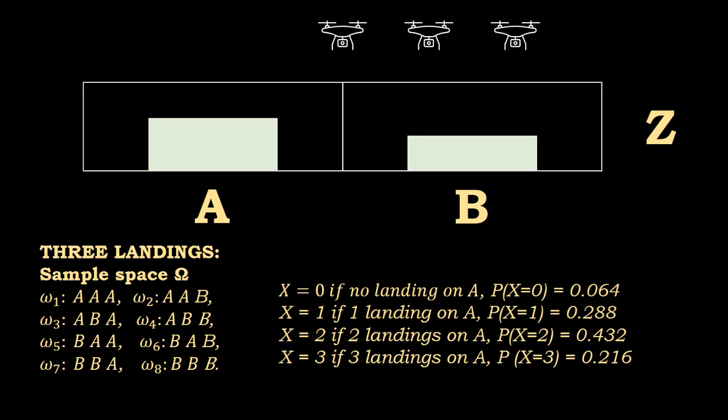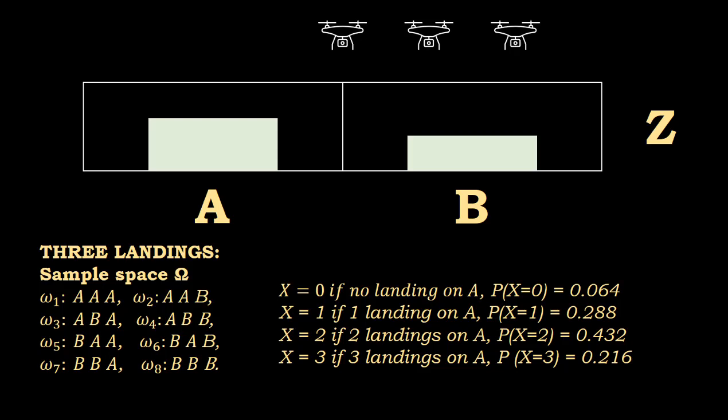Now, we are not interested in the probabilities of landing in A or B per se. We generate a random variable that is interested in knowing how many of the landings were in A. So it's a completely different variable.